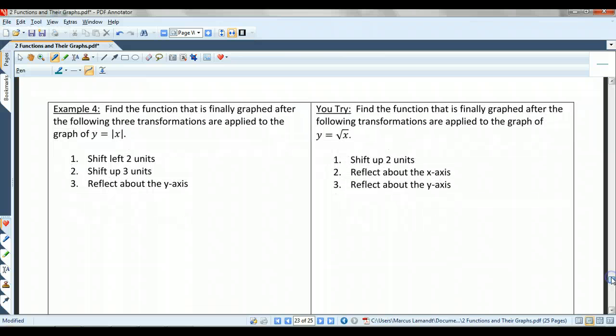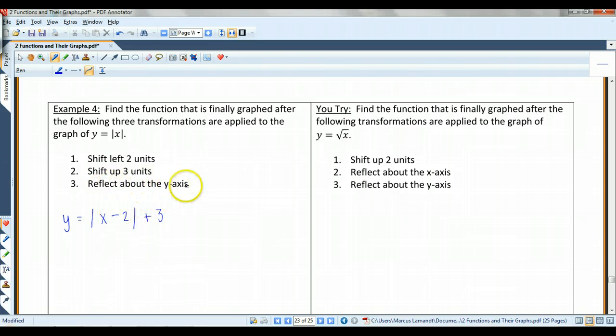Example 4. Find the function that is finally graphed after the following 3 transformations are applied to this graph. Okay. So, let me switch back to blue. If you shift it left 2 units, that means you're going to subtract 2 inside the parentheses. If you shift up 3 units, that means you're going to add 3 outside the parentheses.